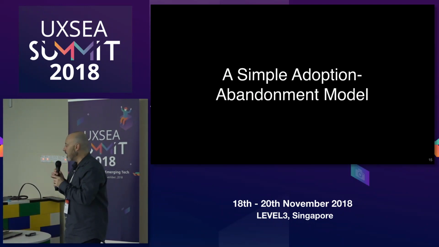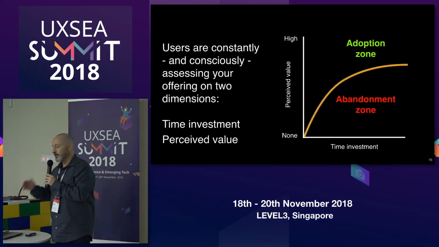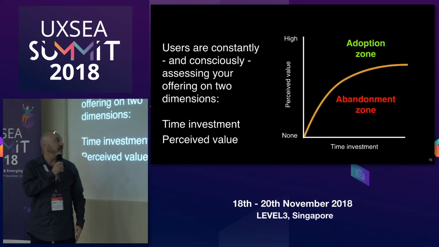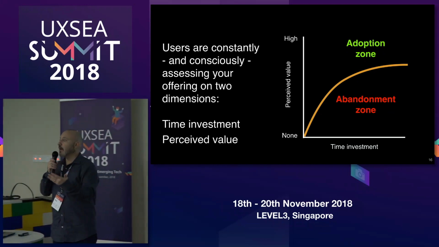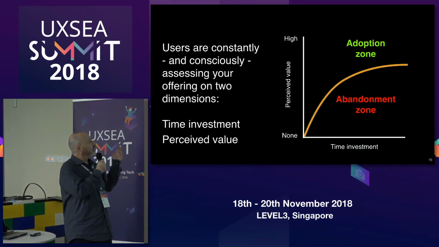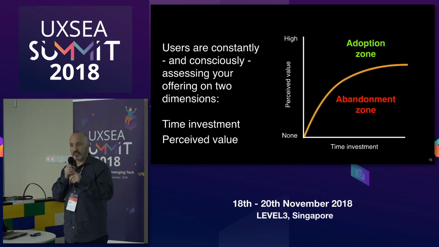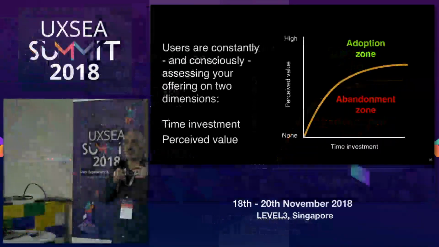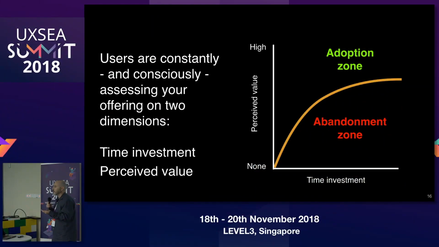So let me show you a simple adoption abandonment model. This is not heavy science here. It is literally just a graph of perceived value against time investment. And the idea behind this is simple. Users are constantly and consciously, I would argue, assessing the offering on 2 dimensions, time investment against the perceived value.